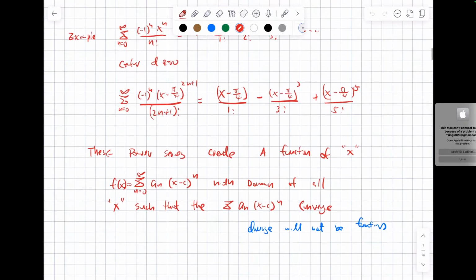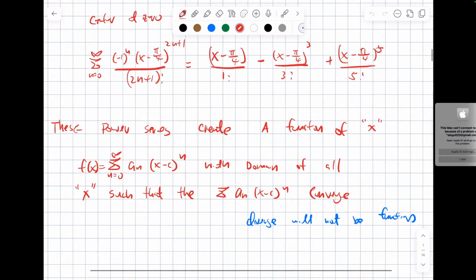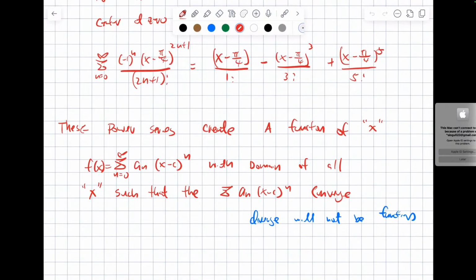Now we're going to talk about this statement again. This is a very important statement. The statement says: for a power series centered at c, a function f of x is defined with the power series, with a domain of all x such that the sum of an times (x minus c) to the n converges. So the domain has to converge.